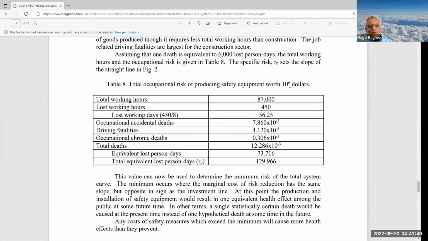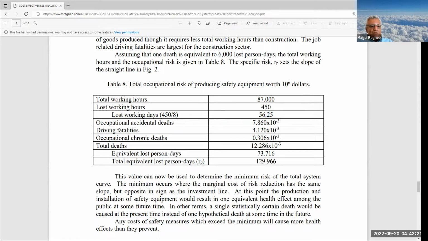To produce safety equipment worth $1 million, the economists suggested that you spend 87,000 hours, but over those 87,000 hours, the statistics show us that you can basically lose some working days, and the lost working days end up, of course, costing you $56 million to produce that $1 million.